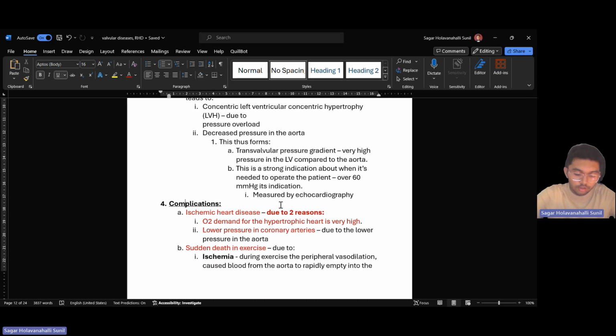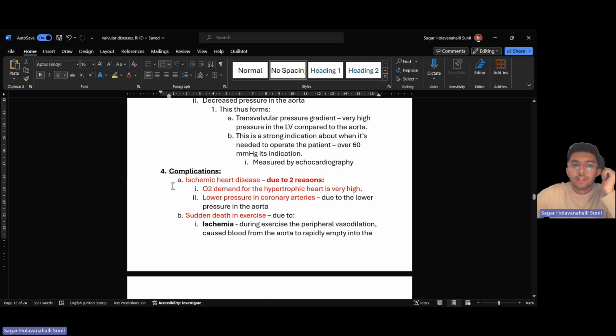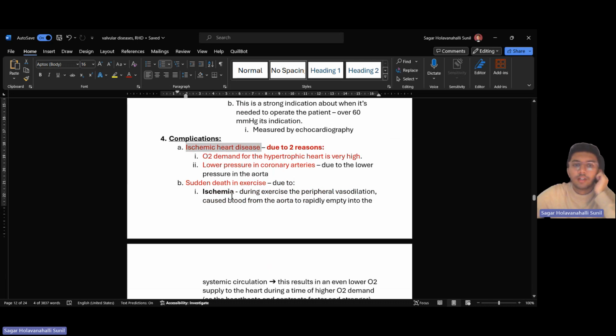Now the left ventricle has to deal with a lot of pressure, so it has to contract forcefully, which means the left ventricle needs more oxygen. But there's low pressure in the coronary arteries, so you have a high O2 demand, but the amount of O2 getting into the myocardium through blood is low. So it can result in ischemic heart disease.